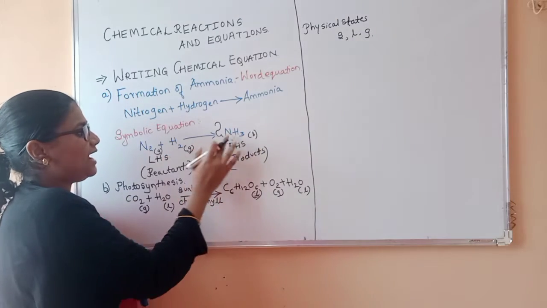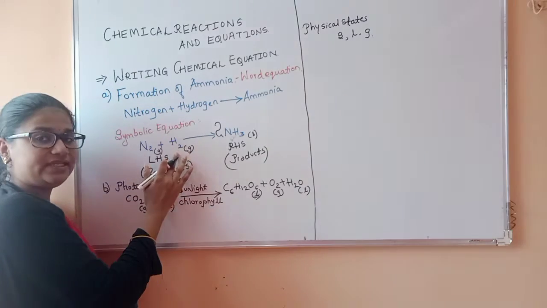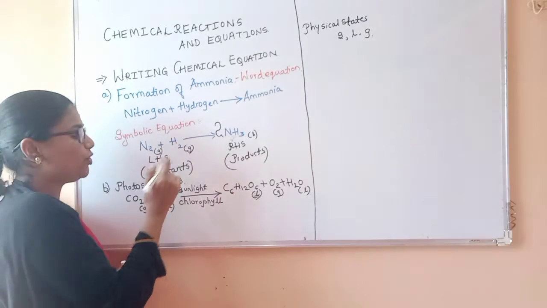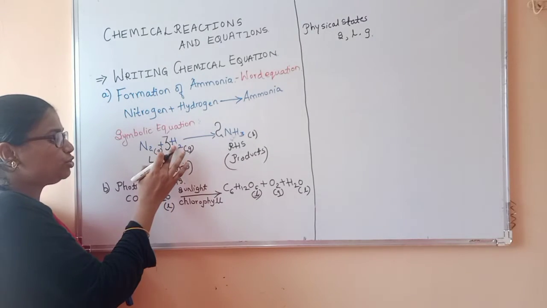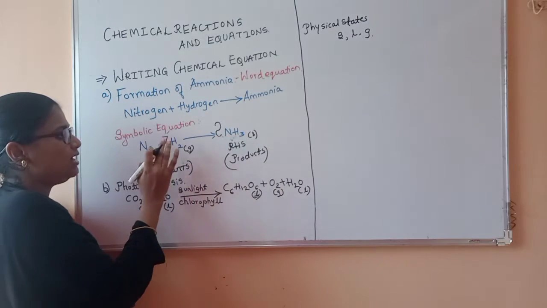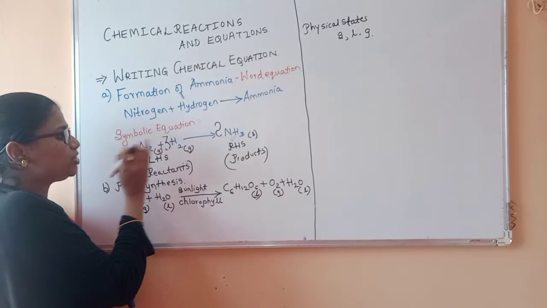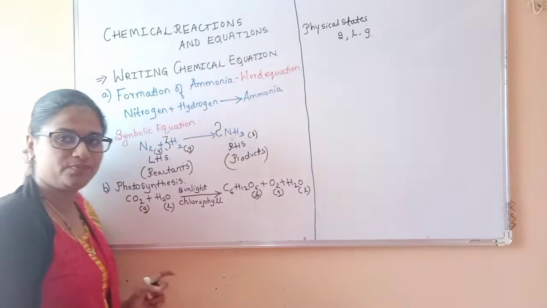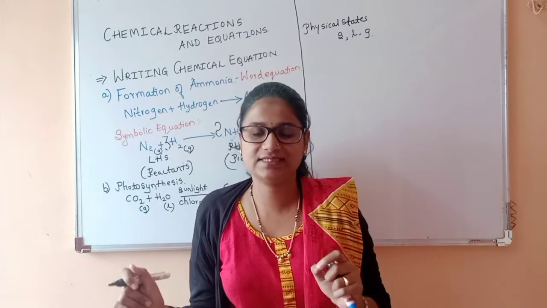So 6 atoms are there here, and 2 atoms are there here. I want to make it 6, so I am multiplying it with 3. 3 into 2 is 6, 2 into 3 is 6. Hydrogen is 6, hydrogen is 6. Nitrogen is 2, nitrogen is 2. Now we can say this chemical equation is balanced.